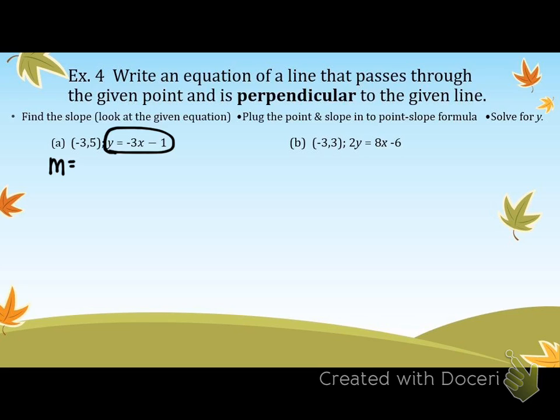Remember, their line and our line are supposed to be perpendicular. So if their slope is negative 3, what is our slope supposed to be? 1/3. All right, a positive 1/3. Let's check that. Their slope's negative, our slope's positive. Their slope is 3/1 technically, ours is 1/3. So he's exactly right. Our slope has to be the opposite reciprocal of their slope. Now, what are we, Drew, supposed to do with the point and the slope that we now have? What's step 2?